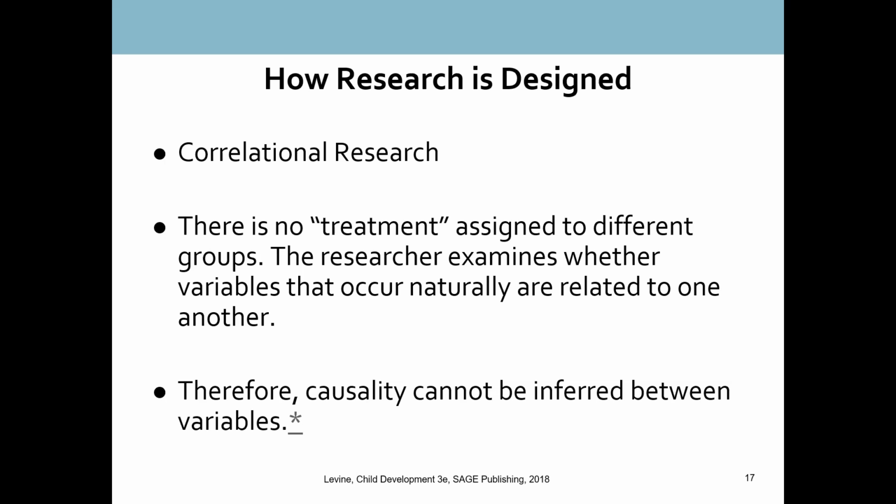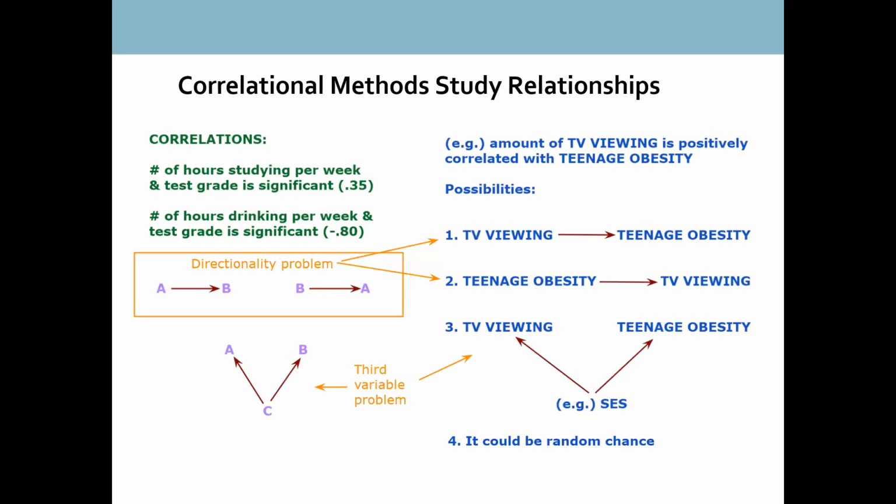So in correlational research, what we do is we collect variables that we're interested in and compare them two at a time. Suppose, looking at the top left for now, I'm interested in some of the factors that affect test grades for students.